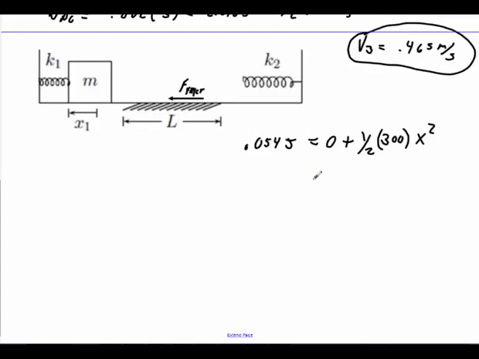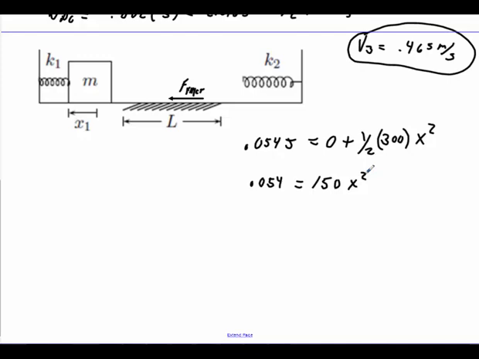If you run those values here, let's do it real quick. So that's going to give me 0.054 is equal to 150 times x squared. I take 0.054, I divide by 150, I take the square root of that.